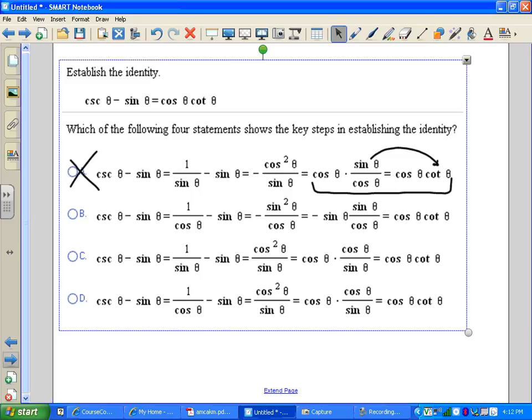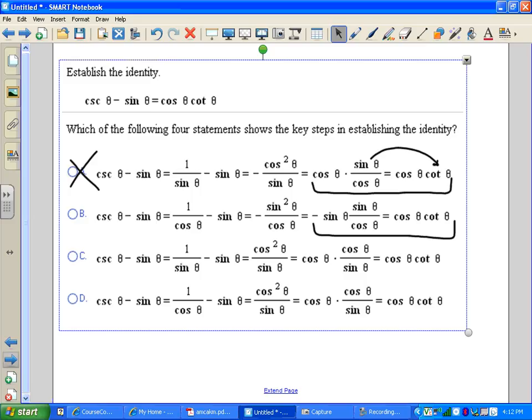Okay, now let's see the next last step, on choice B here. So I've got this idea here that I've got negative sine times sine theta over cosine theta would be equal to cosine times cotangent. And so let's see what they're doing there.